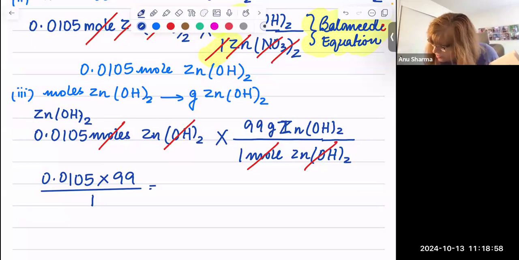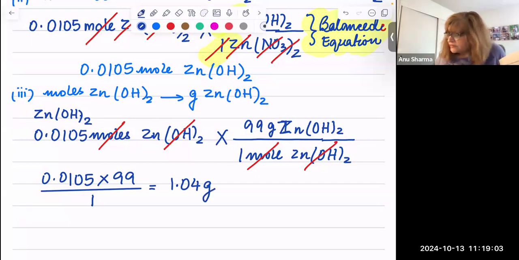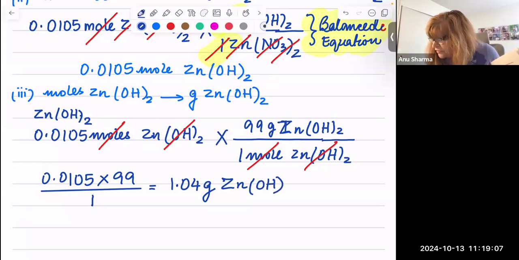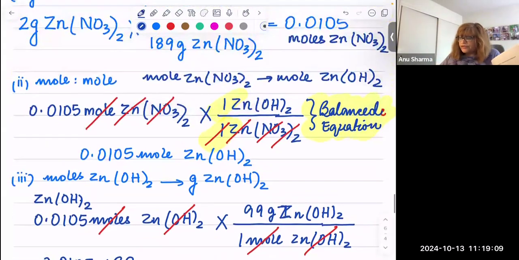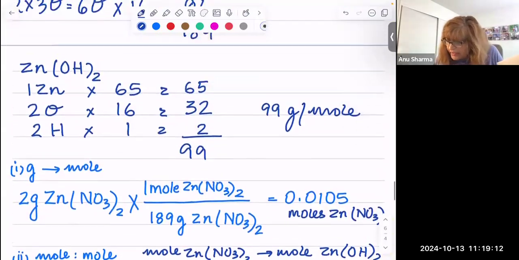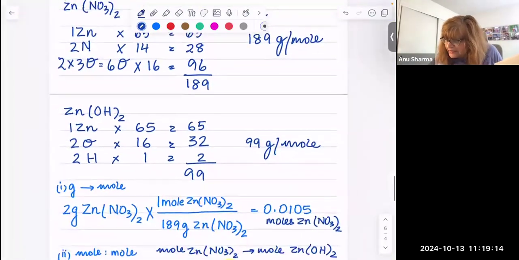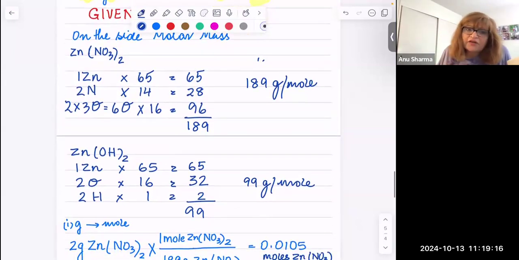This comes out to be 1.04 grams of zinc hydroxide. So these are the 3 steps. You can break it up into 3 steps, or you can do all of it in one line, as I showed in the class. It still will come through practice.